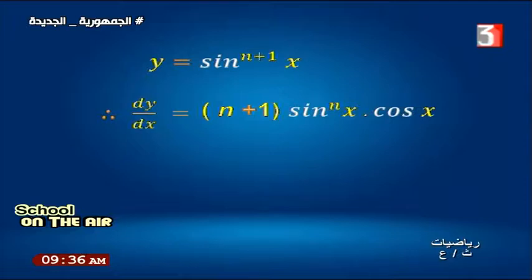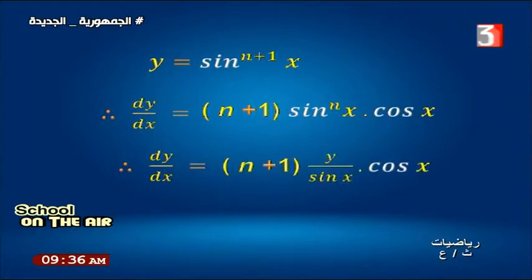Remember that the power n plus 1 is a constant real number, but the variable is x. So dy/dx equals (n plus 1) times y over sine x, which equals sine power n x multiplied by cosine x.